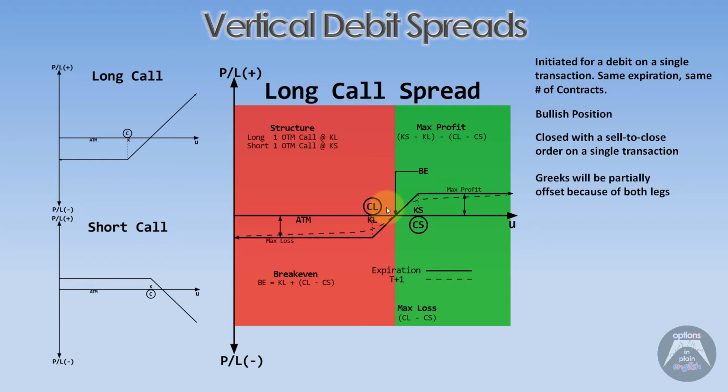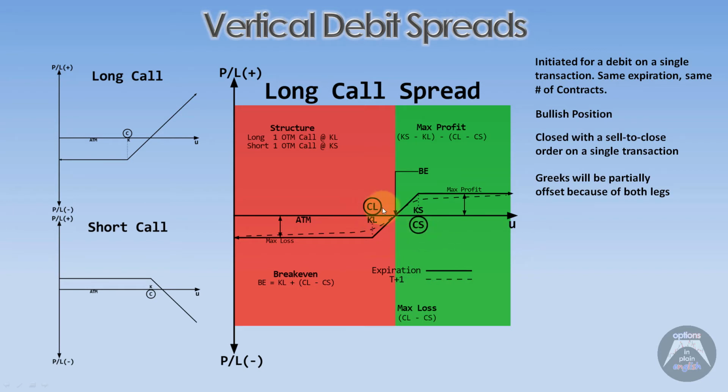The Greeks will be partially offset because of both legs. So if you have delta here, for example, this long call, let's say this one has a delta of 30. Then when you put on a position that's only a long call, you're going to have 30 long deltas. Now, if you initiate a long call spread, then you're going to have maybe 30 here and maybe 20 here.